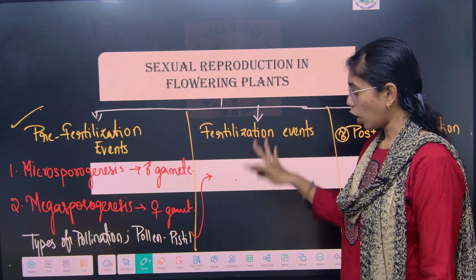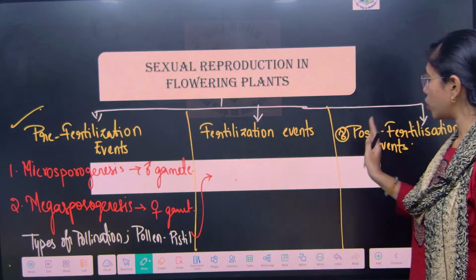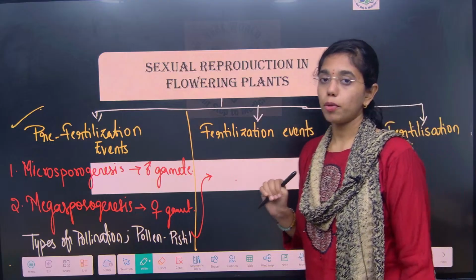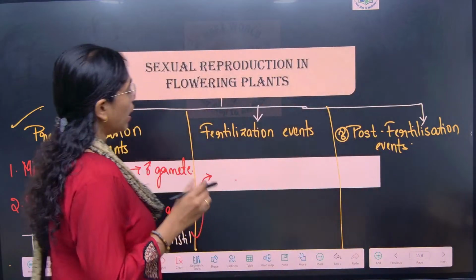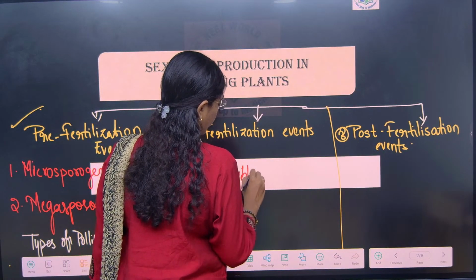But here along with fertilization you will also learn on pre-fertilization events, post-fertilization events, and special types of reproduction like apomixis and polyembryony. In fertilization events you will be learning on double fertilization.